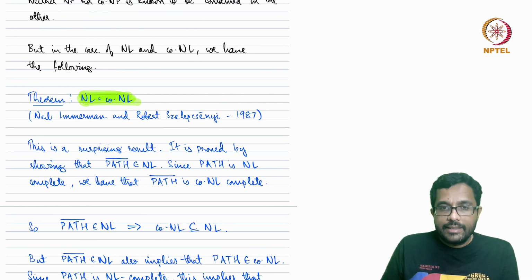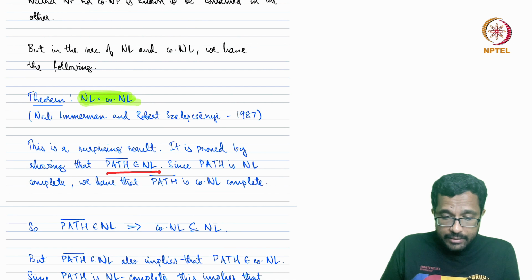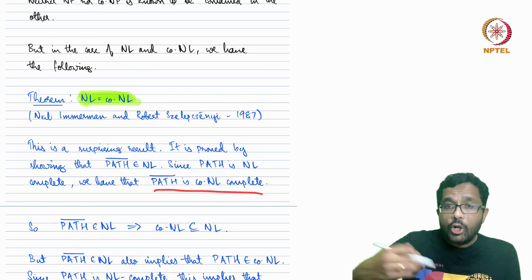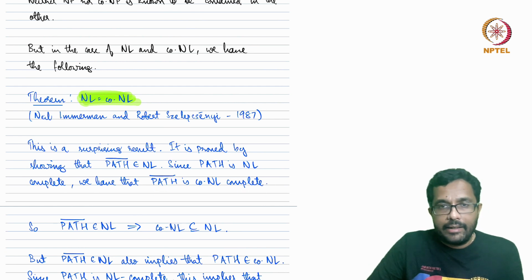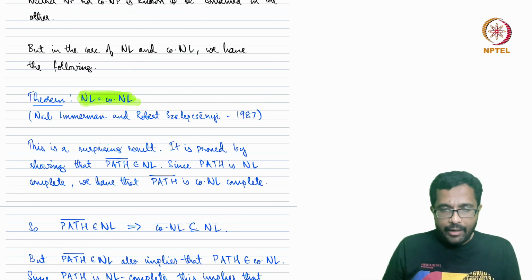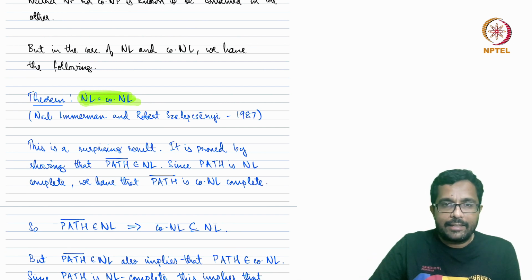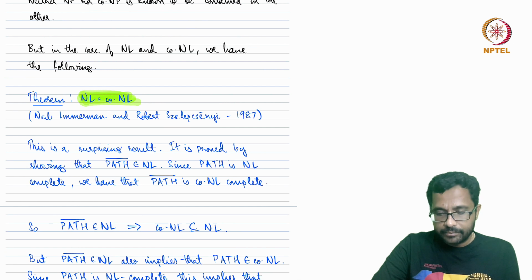Since the complement of PATH is in NL, and since PATH is NL-complete, we know that the complement of PATH is co-NL-complete. Anything in co-NL can reduce to the complement of PATH. I have not defined co-NL-complete, but it is defined exactly like NL-complete, but with the complement.